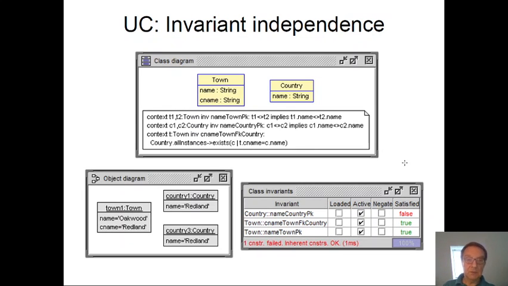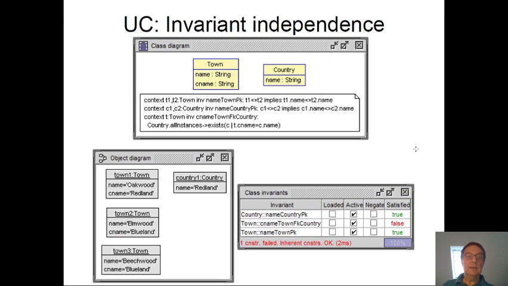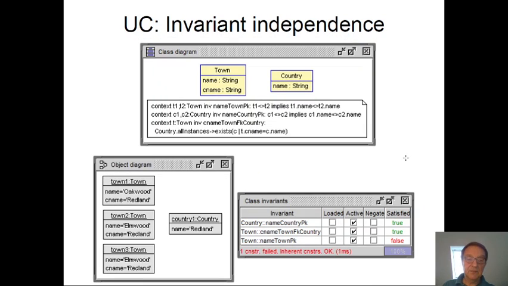So what we saw now, we saw three database states where exactly one constraint is violated, and taken together, these three database states, these three object diagrams prove invariant independence. They prove that it is not the case that the conjunction of two constraints implies the third constraint.